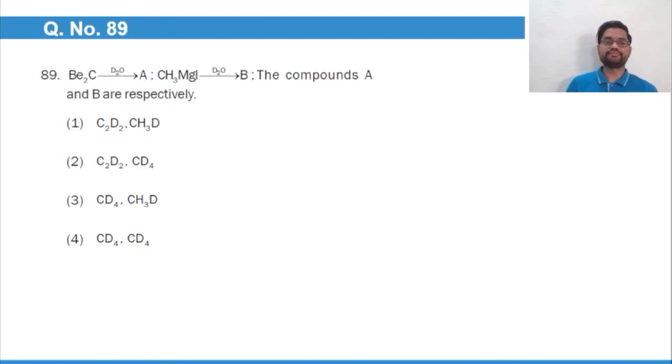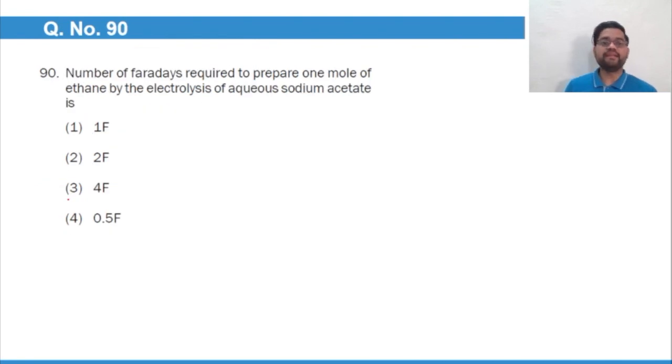Okay. Clear? Question 89: Beryllium carbide, when it is neutralized with D2O, will form CD4. And when methyl magnesium iodide is neutralized, you will form CH3D. So CD4 and CH3D, option number 3 is the right answer. Question 90: How many Faradays are required to prepare 1 mole of ethane by electrolysis of aqueous sodium acetate?